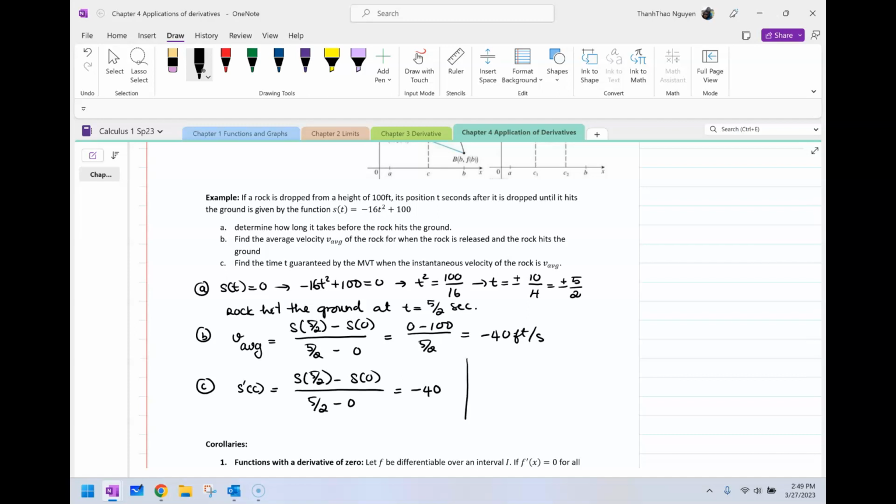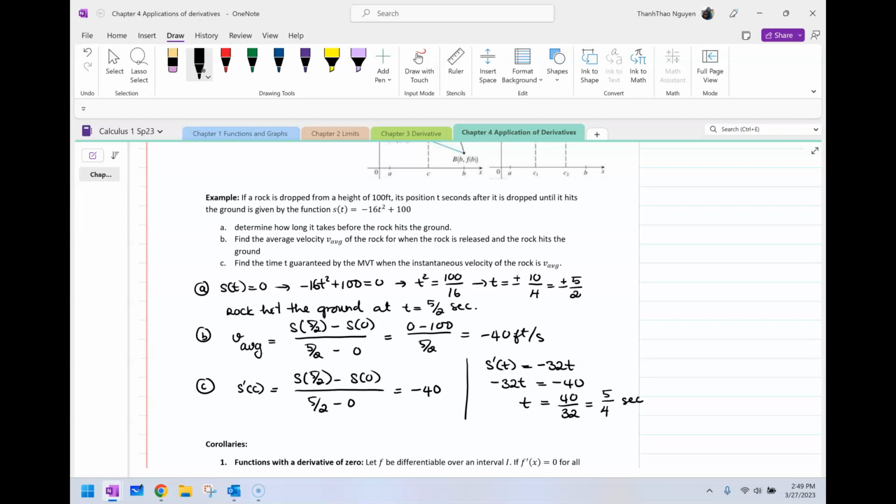So first, let's find s prime of t. s prime of t equals negative 32t. So we want negative 32t equal to negative 40. So t equals 40 over 32, that is 5 over 4 seconds.